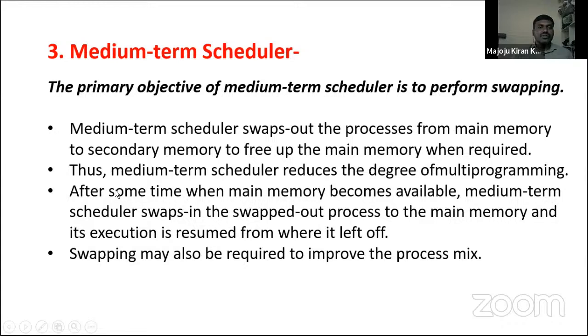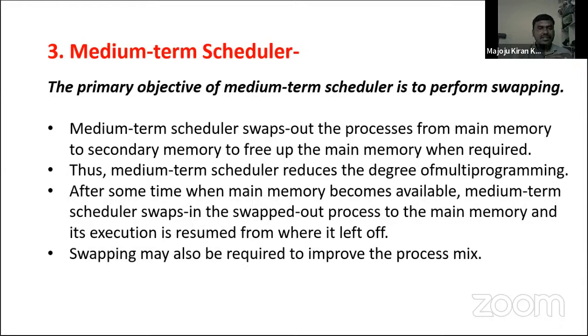So the midterm scheduler reduces the degree of multi-programming. That means once all the programs are loaded into the main memory, at one point the main memory may be full, right? And once one program is completed, it must be pulled out from the main memory. That pulling out is the job of the midterm scheduler.